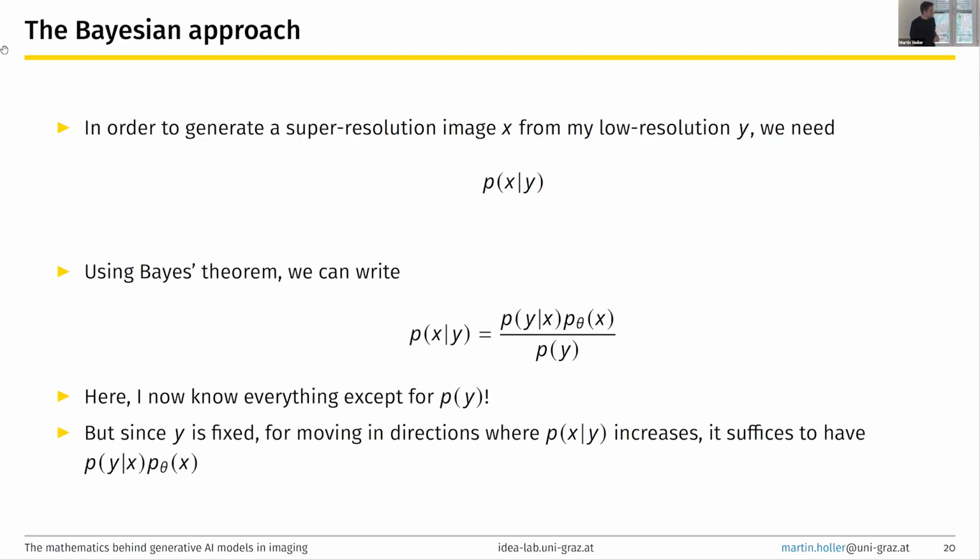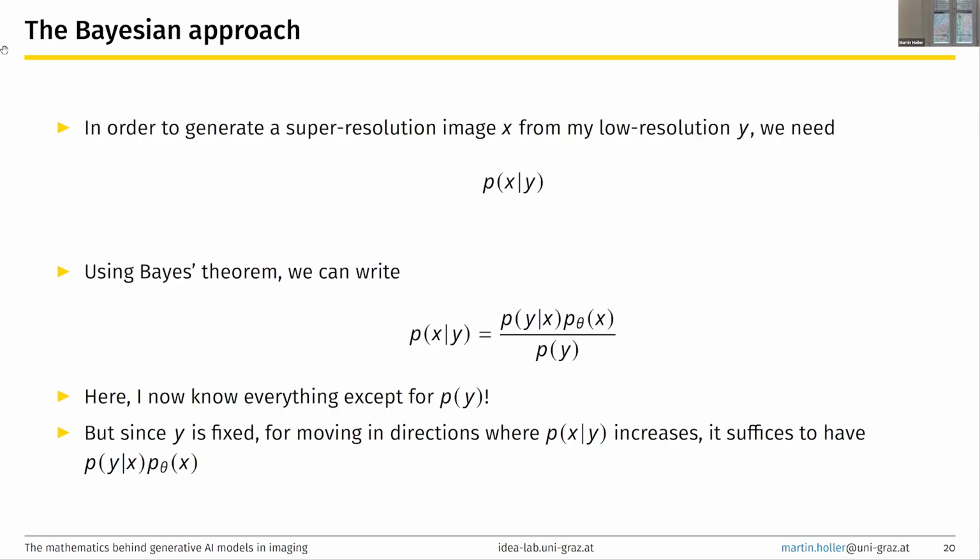But now the nice thing is, if you recall, the sampling algorithm was basically based on taking a random image and moving in a direction where the probability of this image increases. And if I just care whether this probability of X increases or decreases, I don't need to care about Y because Y is fixed.